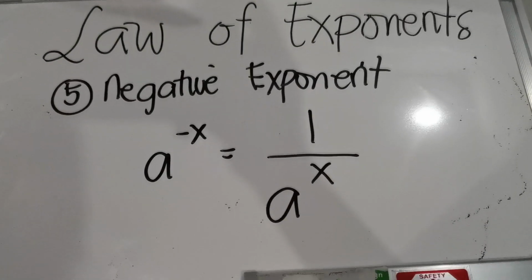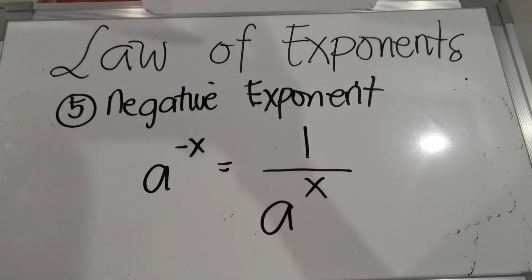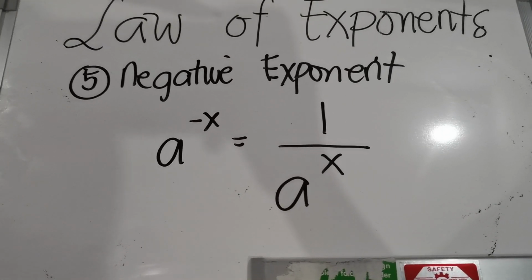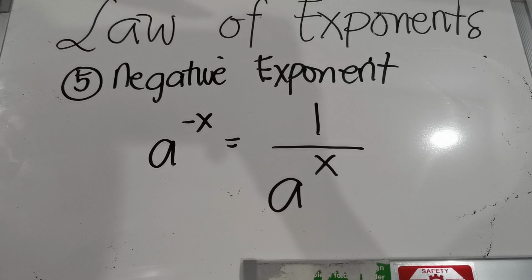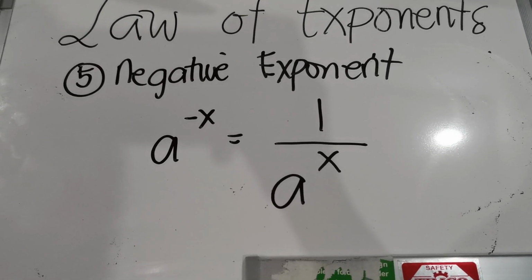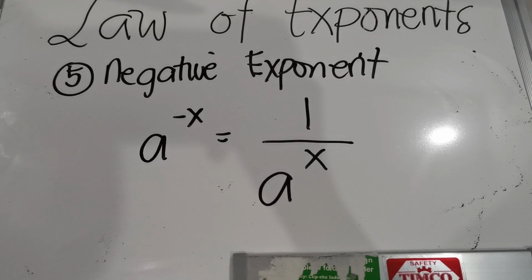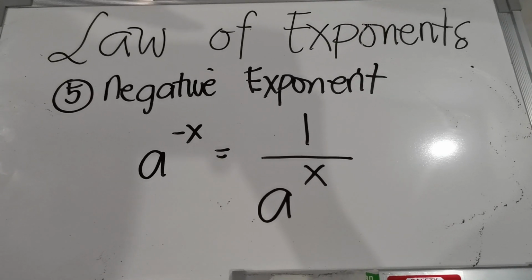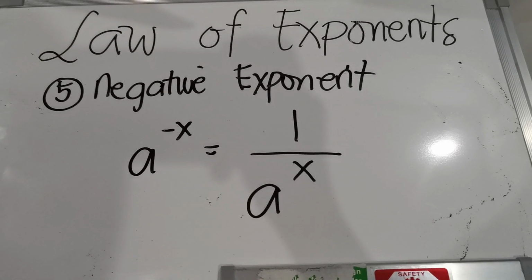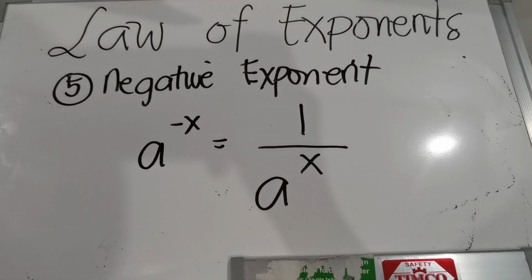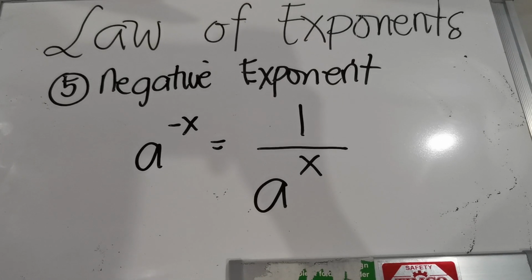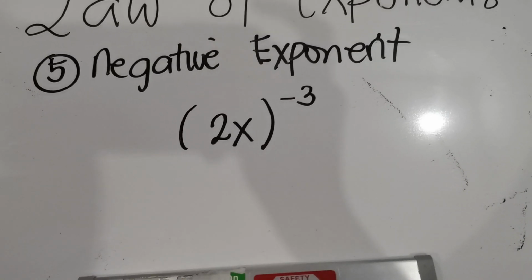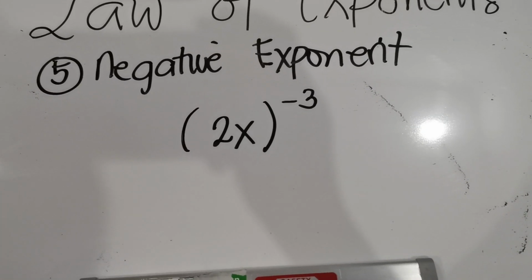The last law of exponent states that if we have a negative exponent, ang gagawin lang natin, class, is get the reciprocal ng ating given, so that will be 1 over a. And this time, yung ating negative exponent, since kinuha natin yung reciprocal, magiging positive na yung exponent natin. So, therefore, a raised to negative x is equal to 1 all over a raised to x. So, say for example, we have the quantity of 2x raised to the negative 3.